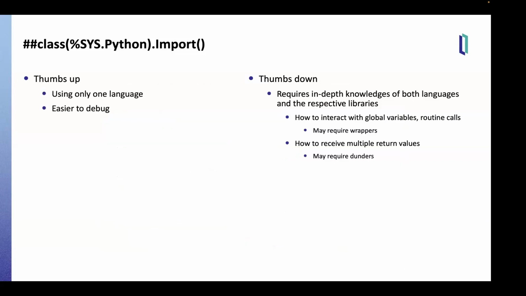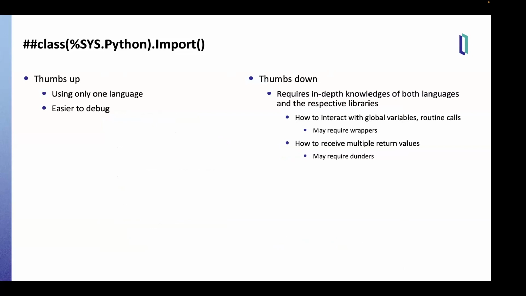What's good about this is you're using only one language, you're not mixing languages. It's relatively easy to debug since you're staying in the same environment, but it definitely does require lots of in-depth knowledge of both languages. So there are a couple of challenges, like how do you interact, let's say, with global variables, or how do you call routines?